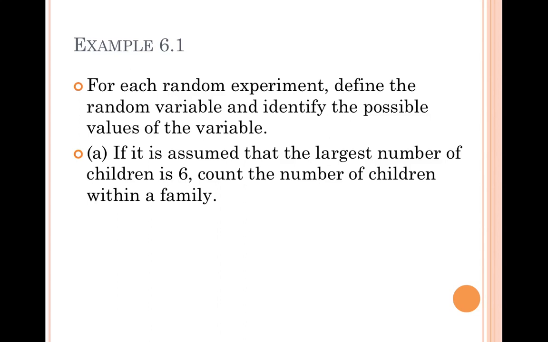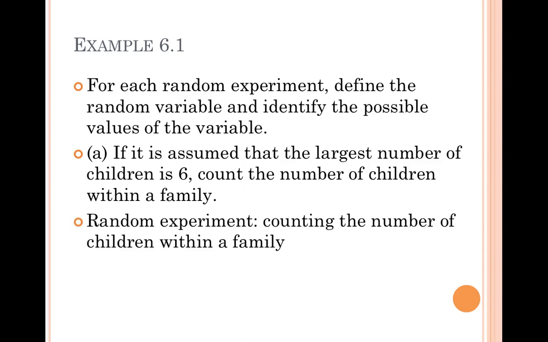A family could have no children, so 0, and then we're told that at the most, the largest number is 6. So a family could have at the least 0 and at the most 6. So X can take on the values from 0 to 6.